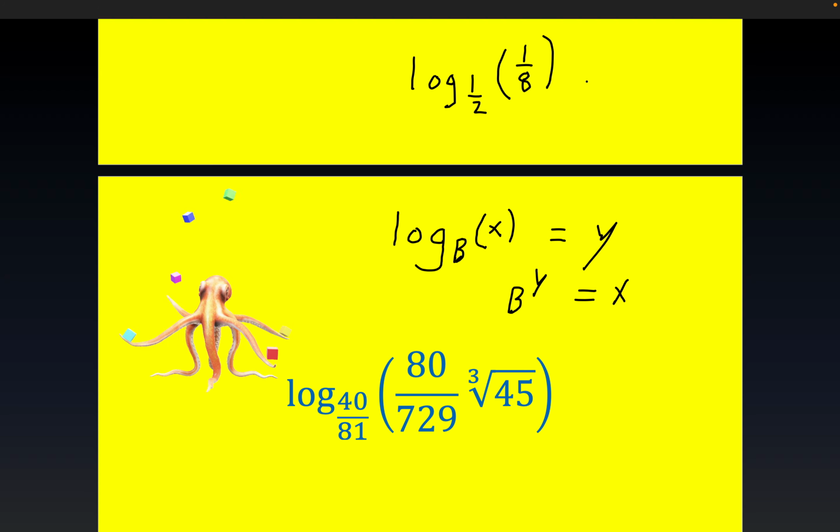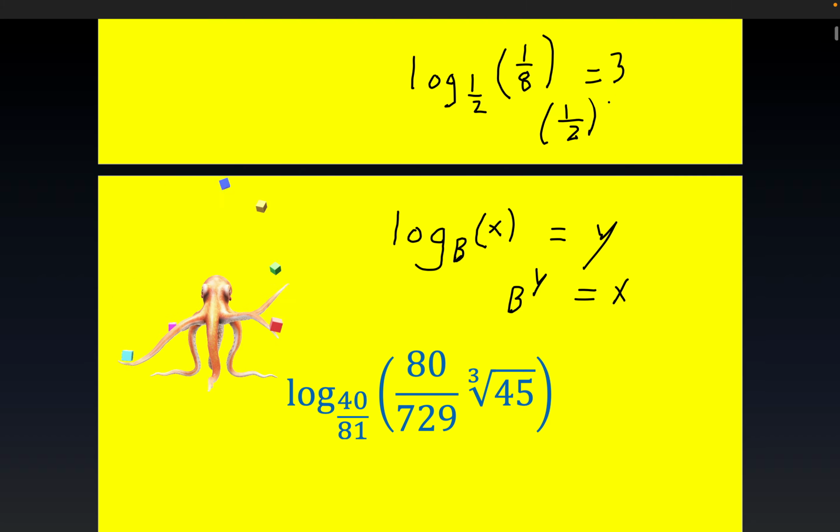And that is certainly equal to 3, since 1/2 cubed is equal to 1/8. Okay, just to let you know that critical thinking is allowed, and a lot of times you don't see logarithms that way, and you start believing there's no such thing. Totally legitimate.